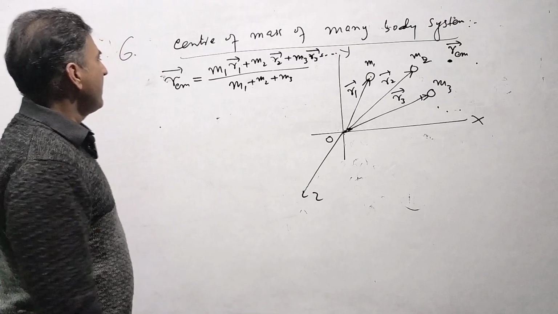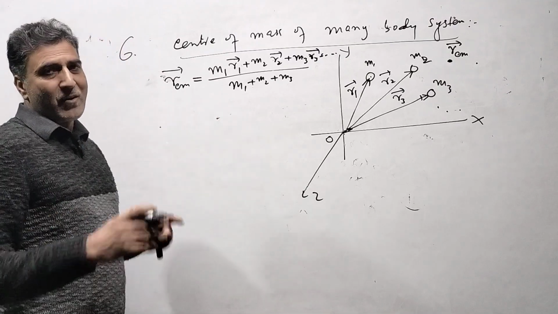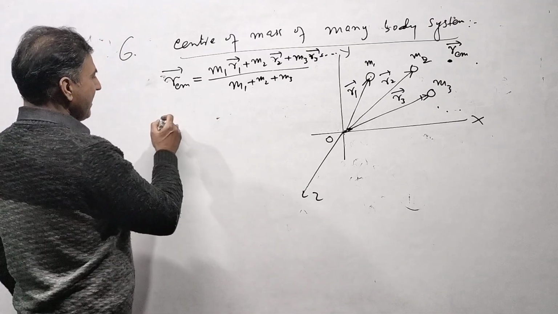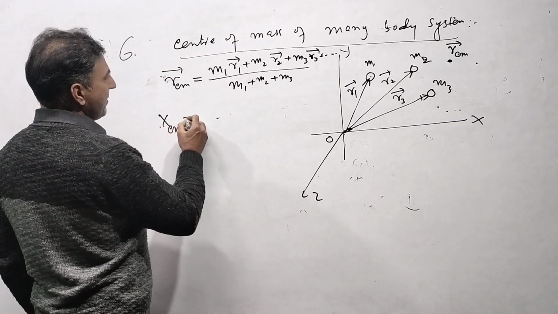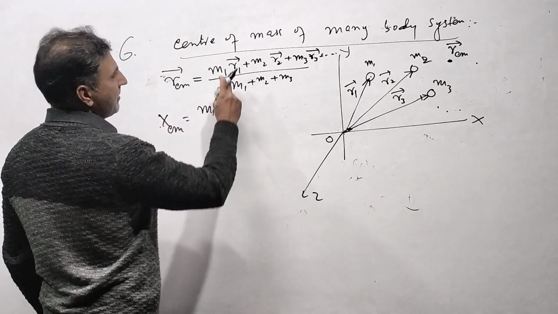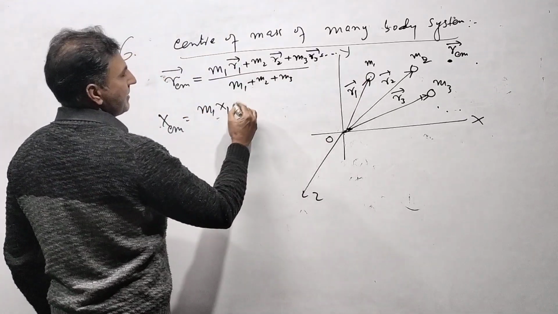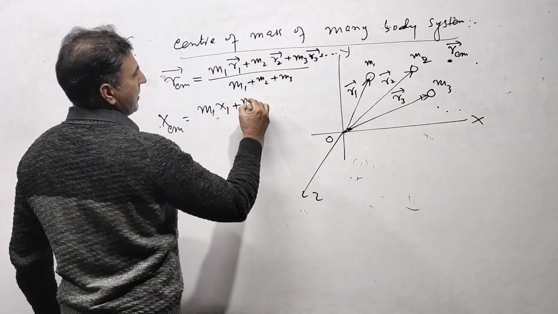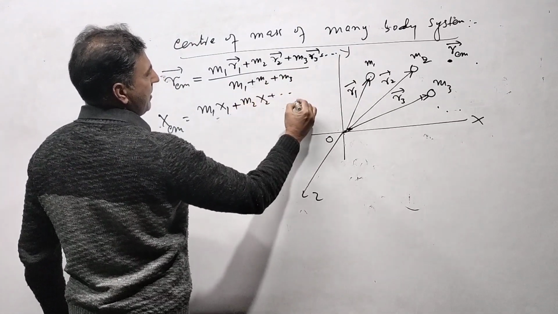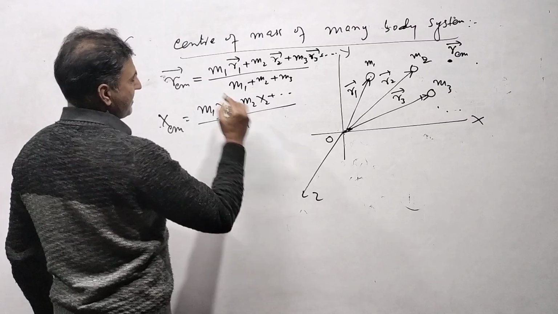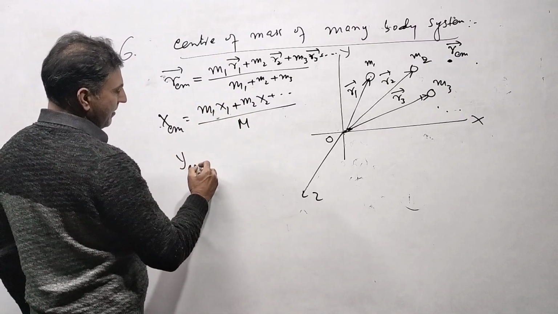If I ask you what is the x coordinate of the center of mass, XCM is equal to M1 x1, the x coordinate of this mass, plus M2 x2 plus so on, divided by total mass. What is YCM, the y coordinate?